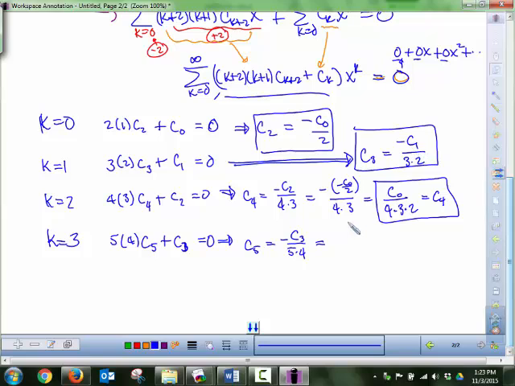C sub 3 is equal to negative C sub 1 divided by 3 times 2. And then we have 5 times 4. And so you see where this is going. Negative, negative is a positive. We have C sub 1 in the numerator. 5 times 4 times 3 times 2 is 5 factorial.